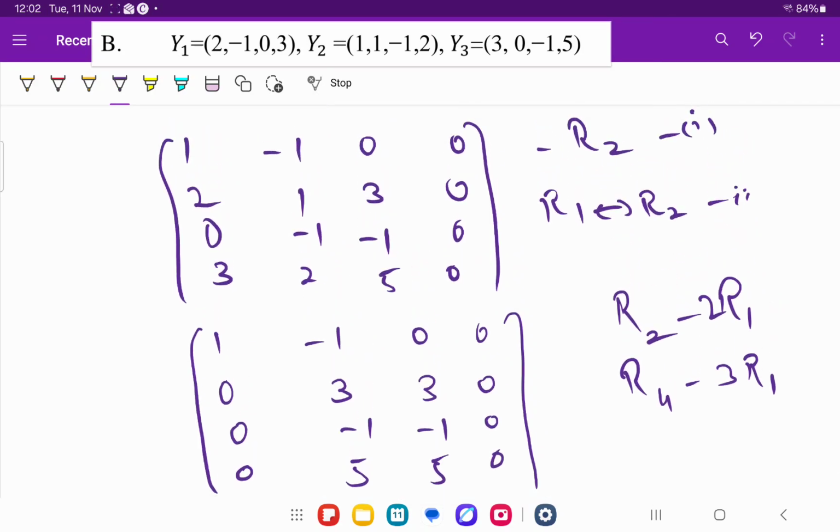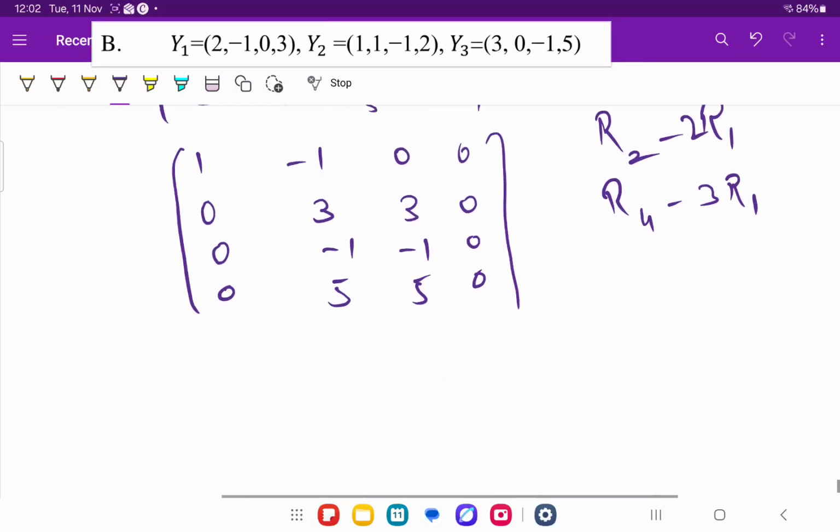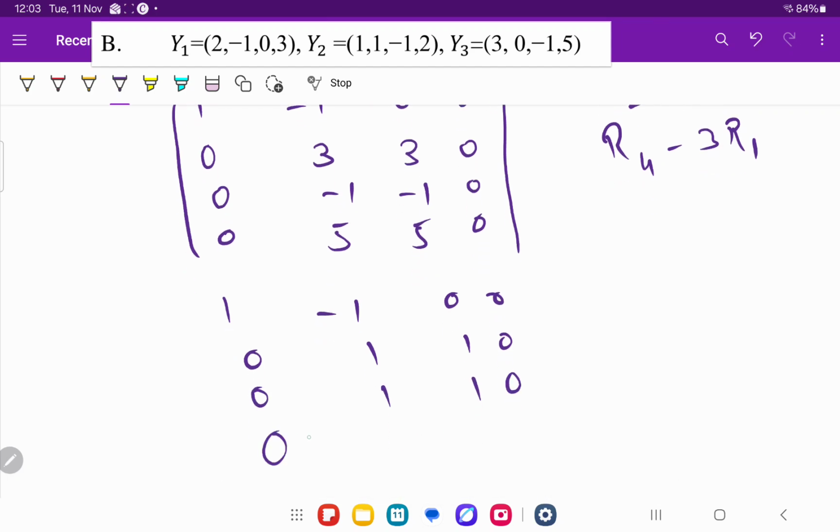Minus 3 multiply by minus 3, answer is plus 3 and 2 5. Okay, so now what I'm gonna do, minus 1 0 0, 0 1 1 0 0 1 1 0 0 1 1 0.